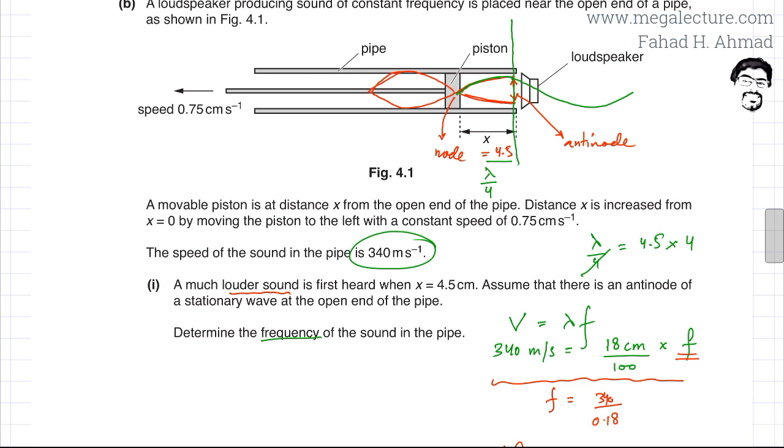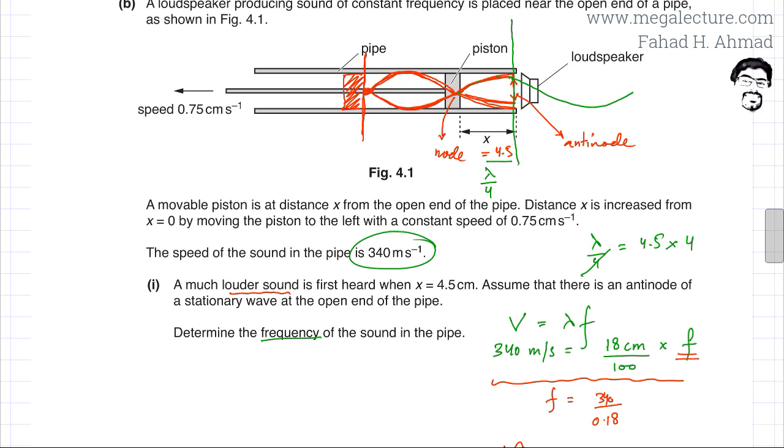And this is how the second louder sound is going to be produced. So the piston must be at this point, so that the wave travels one more cycle, gets reflected, makes a node at that particular point where the piston is. So the piston has moved to this point and gets reflected back, makes a node again, and then goes on to form an antinode.